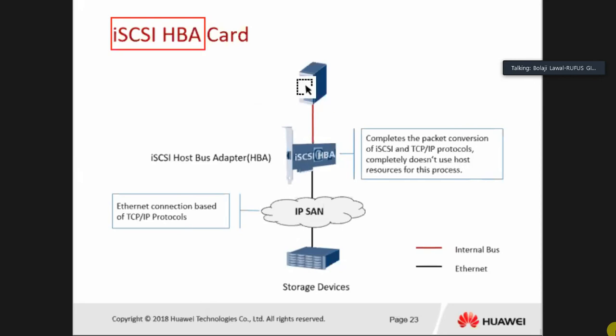This card is installed on the host to achieve highly efficient data transmission between host and switch, and between host and storage devices. iSCSI and TCP/IP protocol level functions are both completed by this HBA card installed on the host.